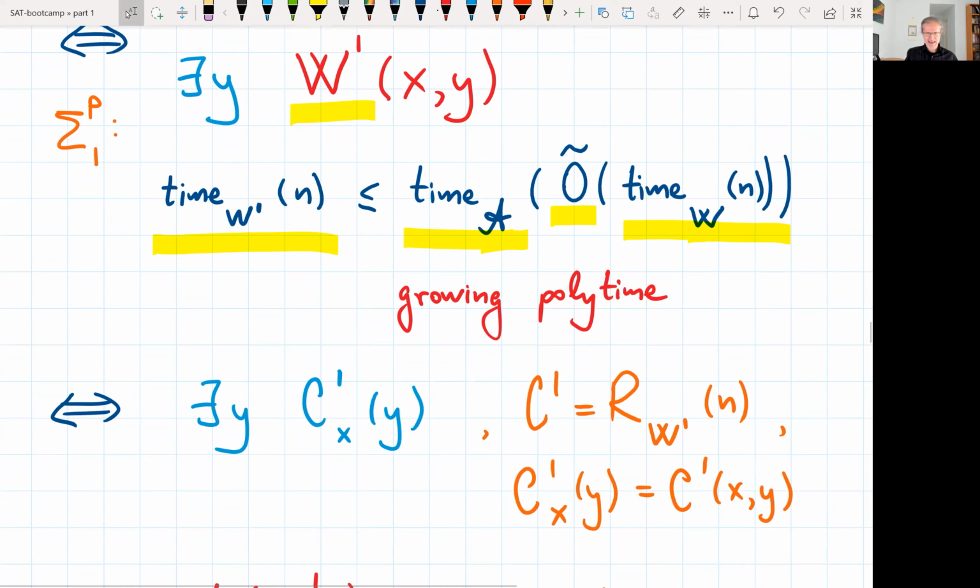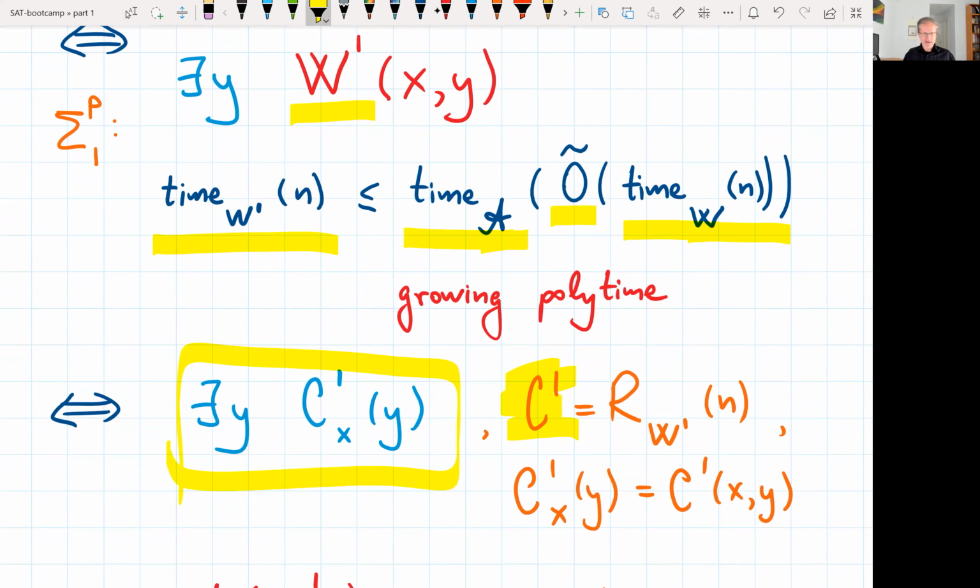So we can do the same thing as we did by running Cook-Levin's theorem on W prime now and getting a new circuit C prime and replacing W prime of xy with C prime of xy. And then we have the question like this, which is satisfiability question for the circuit C prime with x hardwired.